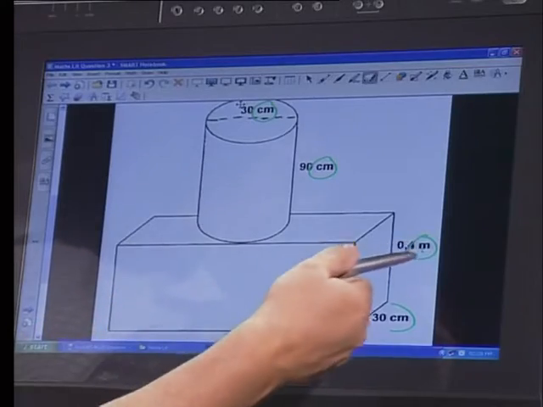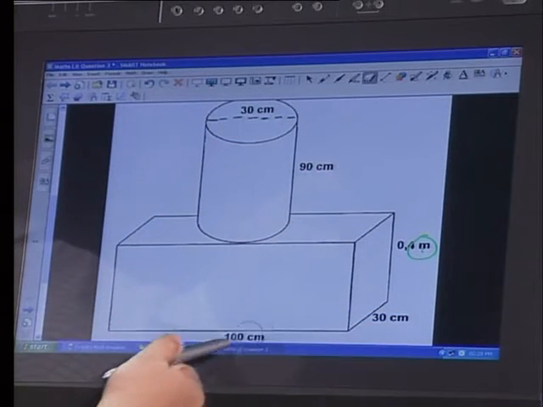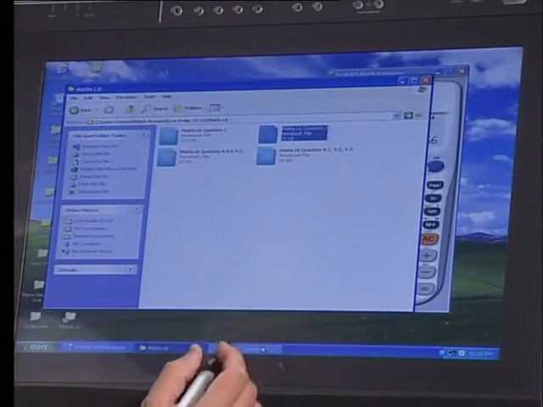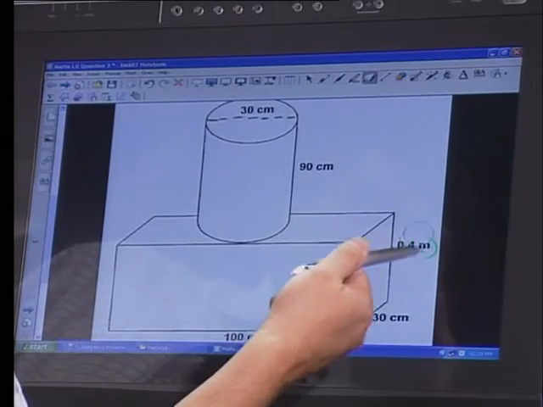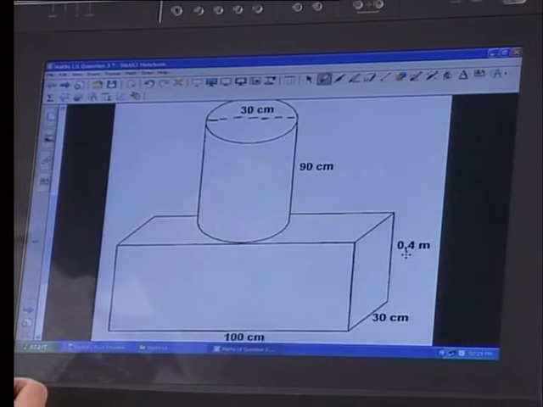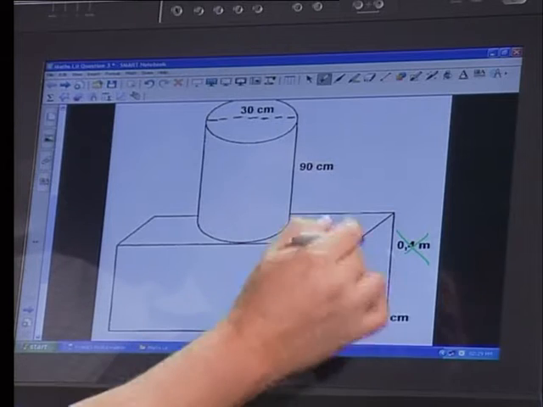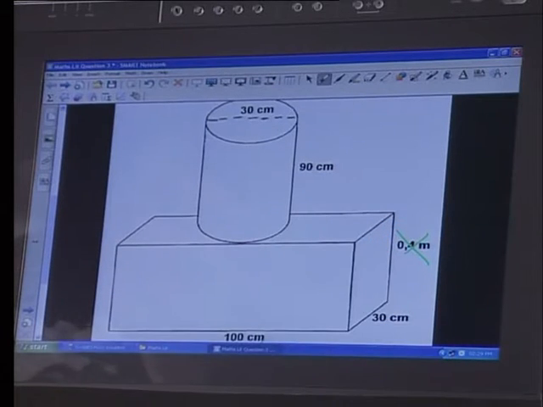So straight away I can see that I've got meters, and everything else is centimeters. Can you see that? Here we go, I've just got rid of the entire question, let's find it again. This part of the question, the height, is in meters. So let's change meters to centimeters.